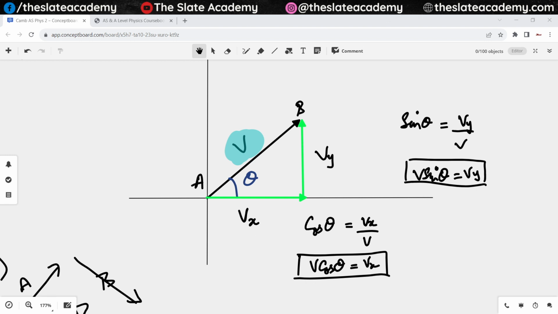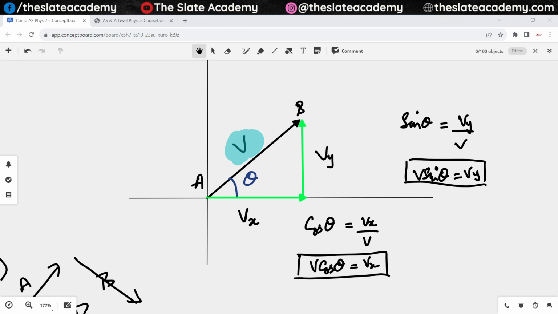For example, I could have a force vector f over here. I could have a velocity vector v. I could have an acceleration vector a. What we are learning over here works for all vector quantities. For momentum, we would soon see that it also works. So any vector quantity at all can be resolved into its vertical and horizontal components this way.